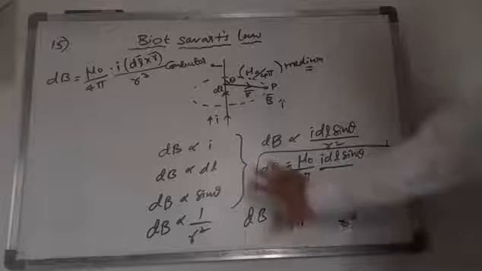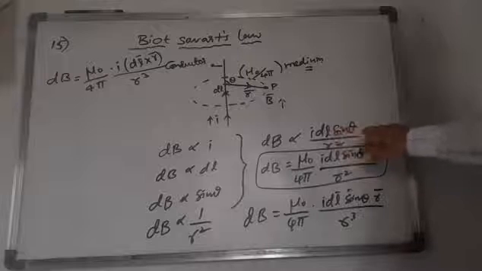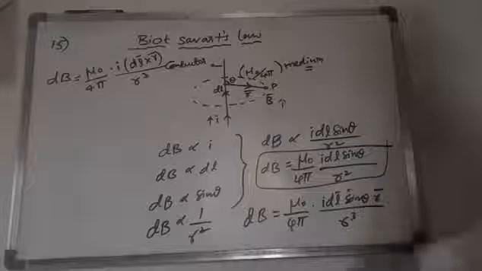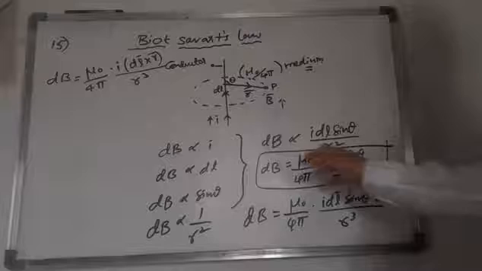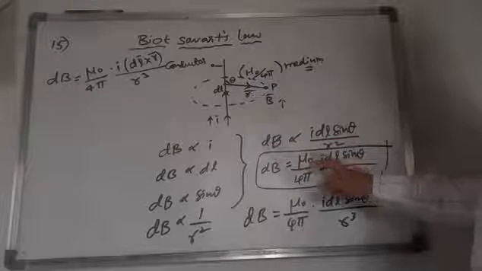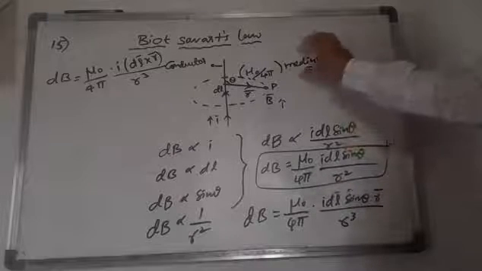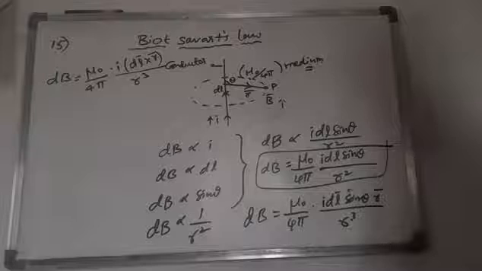Okay, if you combine all these things, you will get dB is directly proportional to I dl sine theta by r square. Now this is the formula. We are removing the proportionality constant, we are replacing it with mu naught by 4 pi. This is the medium constant. Mu naught by 4 pi is the medium constant.